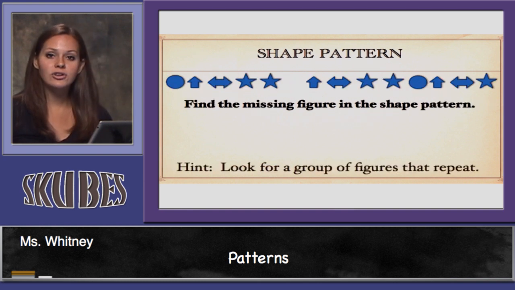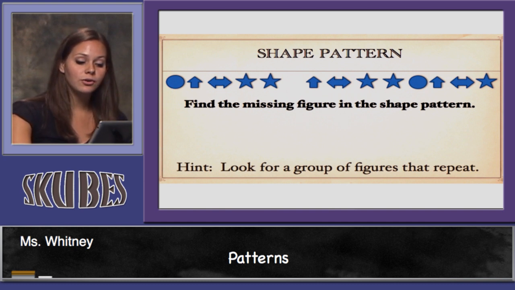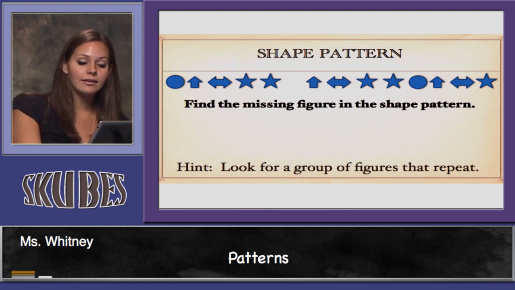Let's take a look at another shape pattern. We're going to find the missing figure in the shape pattern. Remember, look for a group of figures that repeat. I have circle, an up pointing arrow, sideways arrows, a star, a star. Now here's my blank.